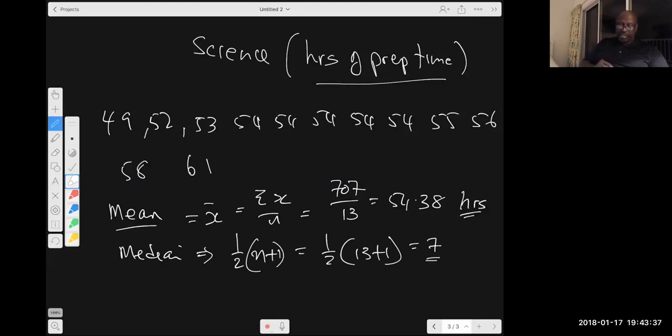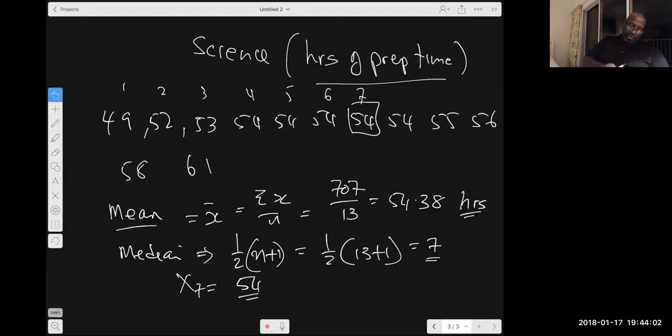So a half of 14 is 7. So therefore x7, the 7th number, if I look at my data, so that's 1, 2, 3, 4, 5, 6, 7. That's my 7th number right here. So my median is 54. So we see my average was 54.38. My median is also 54.